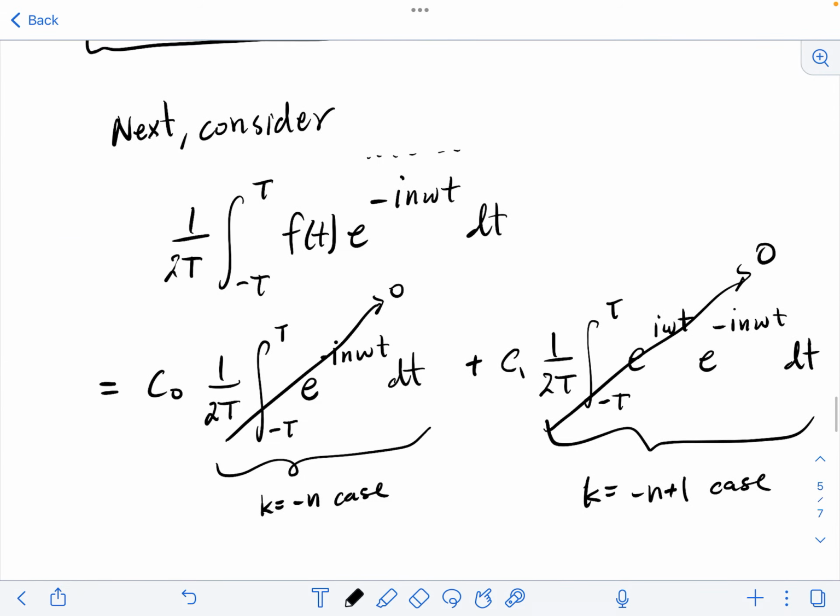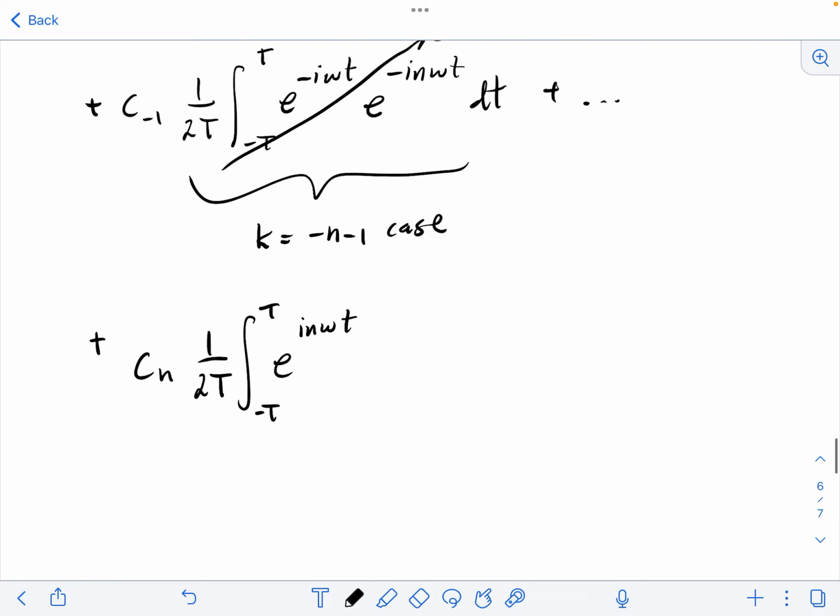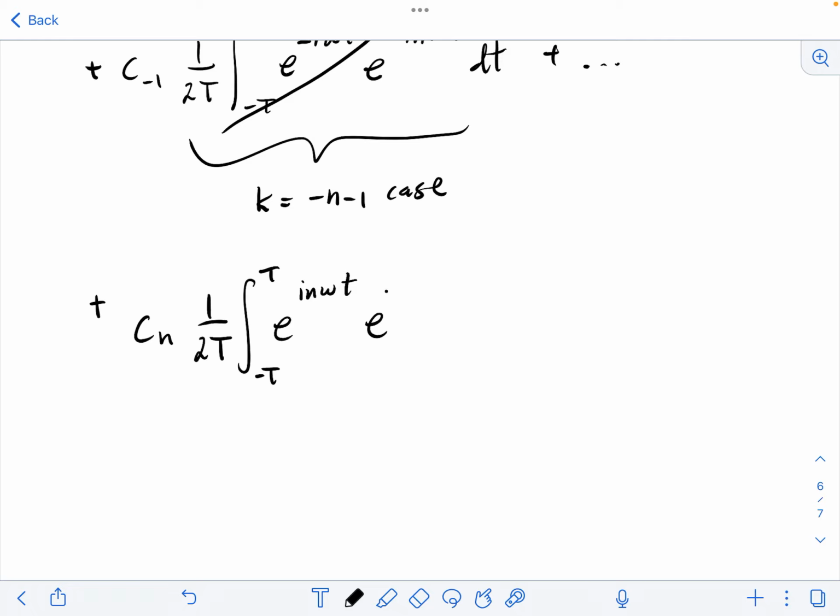So there's a negative sign in there, and then we're going to integrate with respect to time. Of course, these two exponentials just cancel each other out, and then we integrate 1 times dt, which evaluates to 2T, which cancels with the 1 over 2T out front, and so this is going to evaluate to 1.